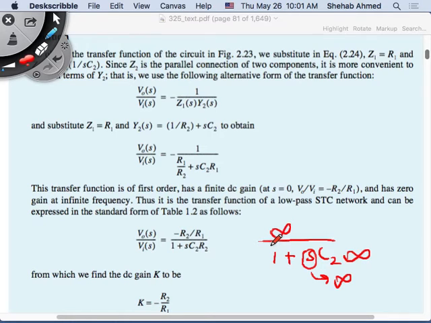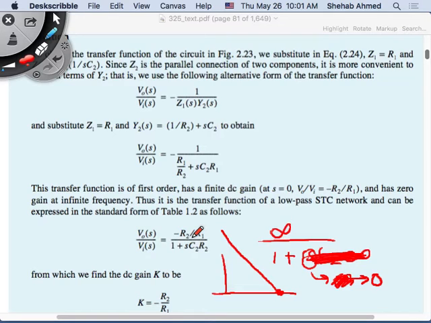So this will go to 0 at some point. And how about at DC? R2 is still infinity, but S is 0. Then this goes away, and the gain is infinite.